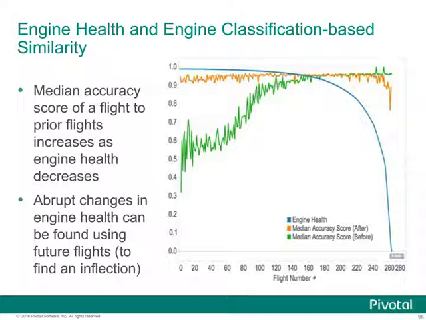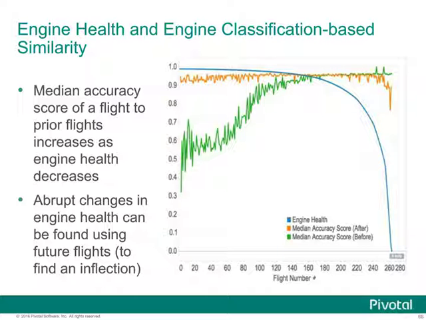So if we're looking at engine health using the blue line here, and again, this is from the simulated data, something that was computed from cruising for a particular engine. We can see this blue line on the left. It starts out fully healthy, and over time it degrades.